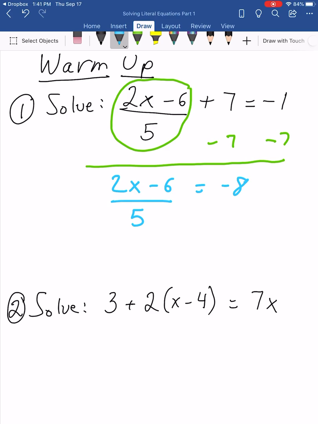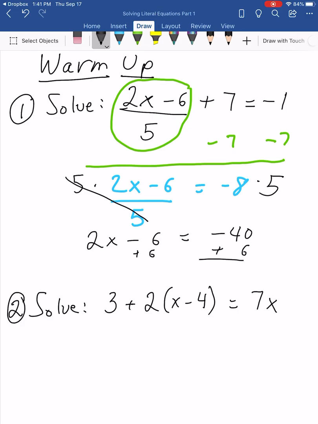The fraction is dividing by 5, so we will multiply each side by 5. The 5s will cancel. So we have 2x minus 6 equals -40. Add 6 to each side. 2x equals, that's -34. Different sign, subtract, keep the larger, and we'll divide by 2. That means x equals -17.